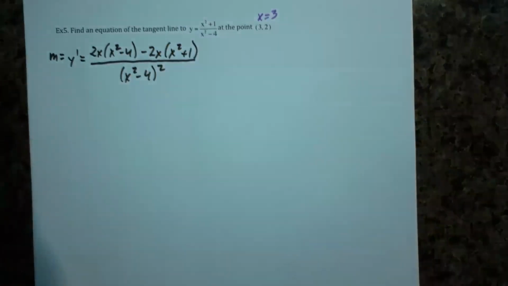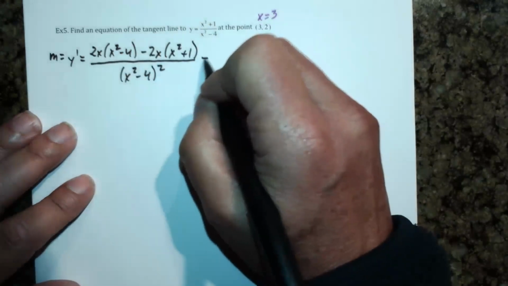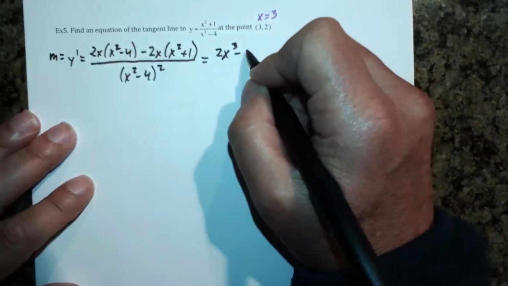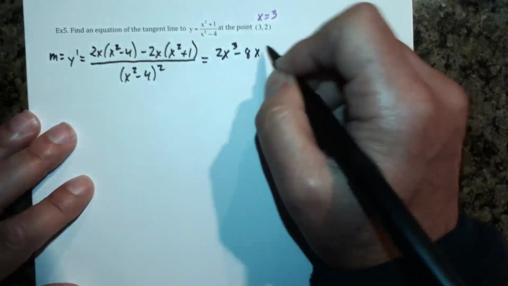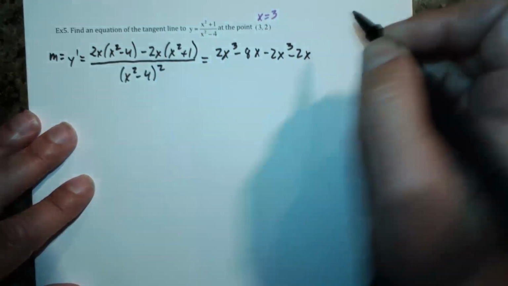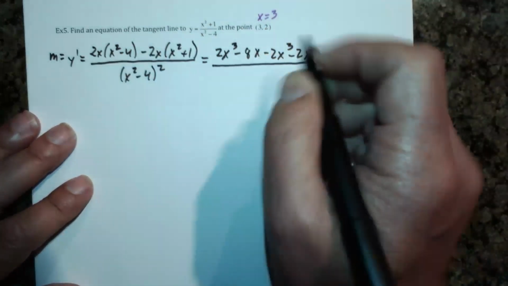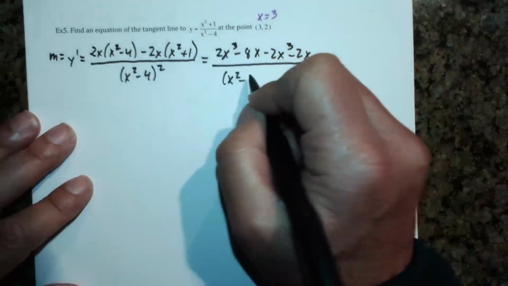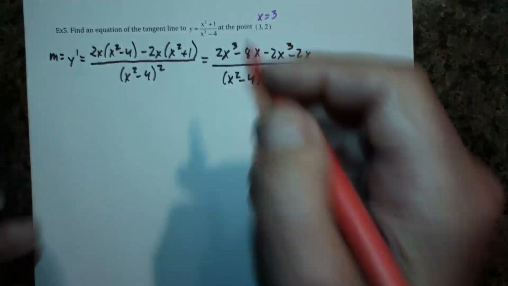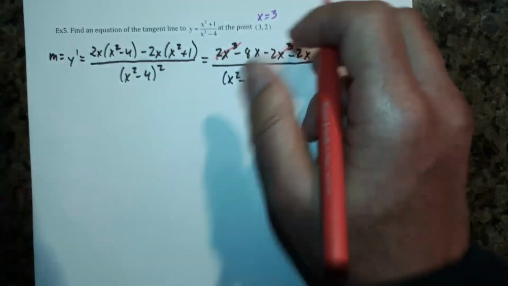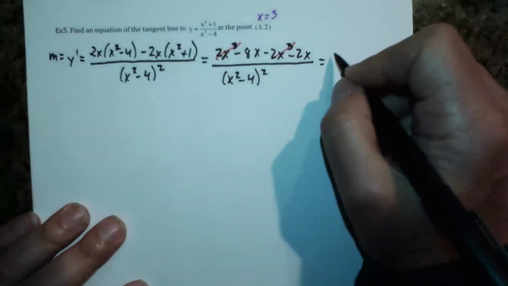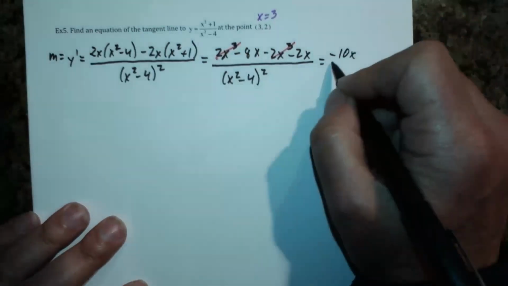All right, so we're going to do some distribution here and distribution here. And very nicely, 2x cubes go away. And I can combine up the negative 8x with the negative 2x.